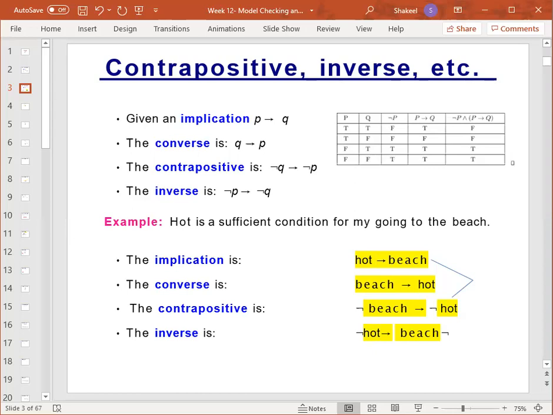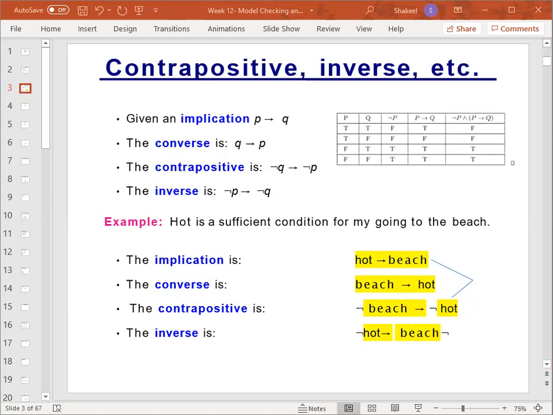So let's take an example. Hot is a sufficient condition for my going to the beach. If it is hot, then I go to the beach. The converse of this proposition is Q implies P, which means that I take the right hand side and put it on the left hand side, and the left hand side on the right hand side: beach implies hot.